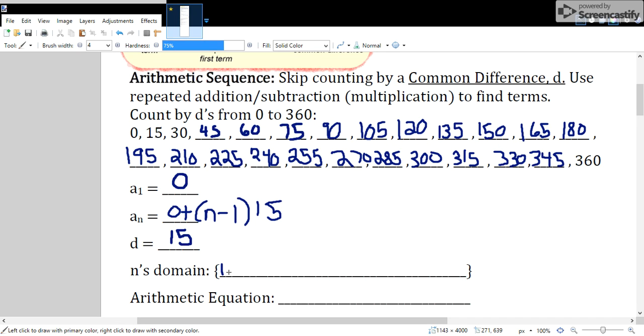We have n equals 1, n equals 2, all the way to n equals 25. And since we know that it's going by ones here, we don't have to write all those numbers. We could just put these dots and put the last term.